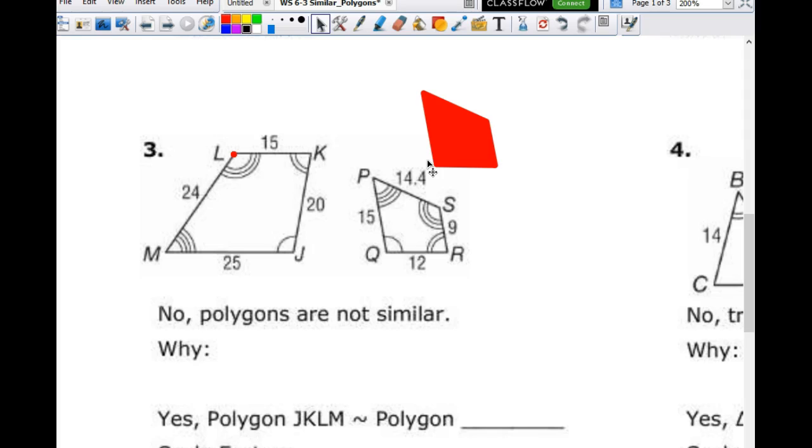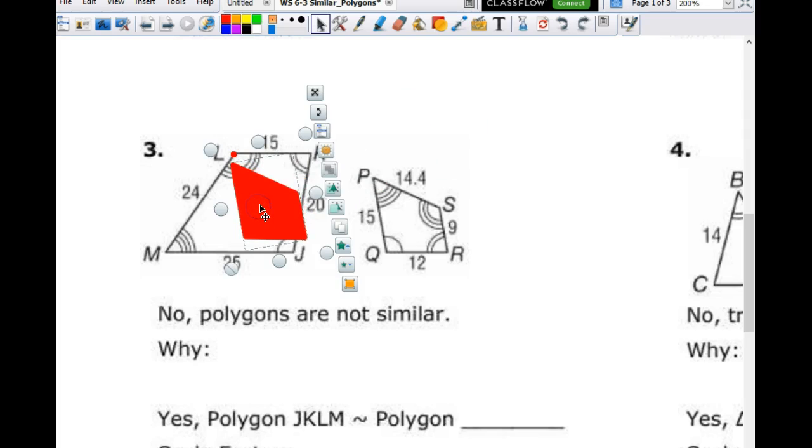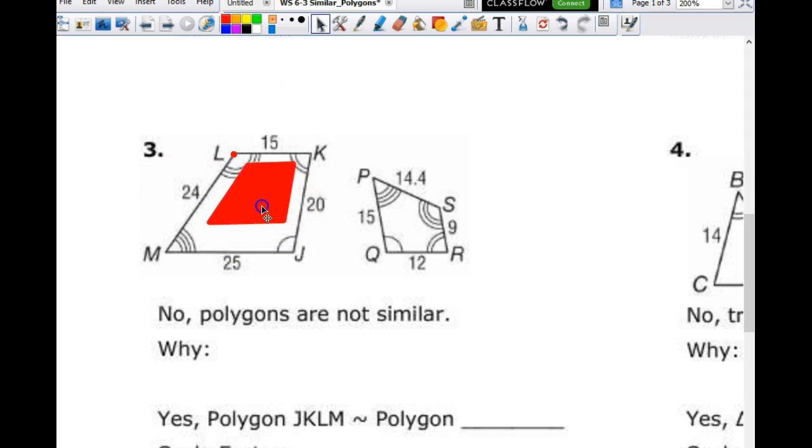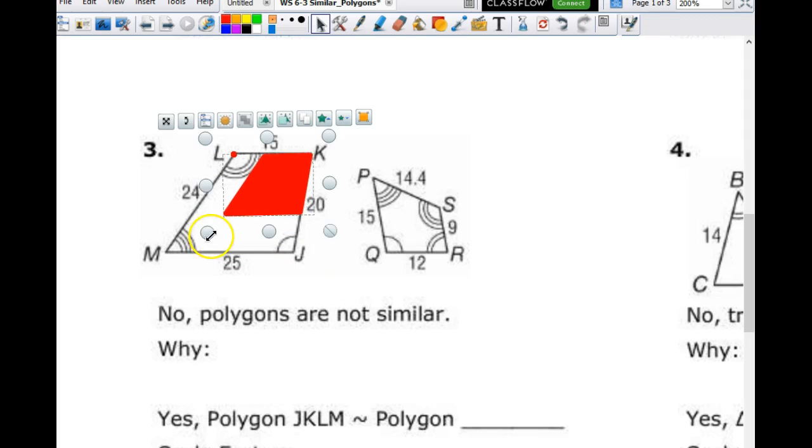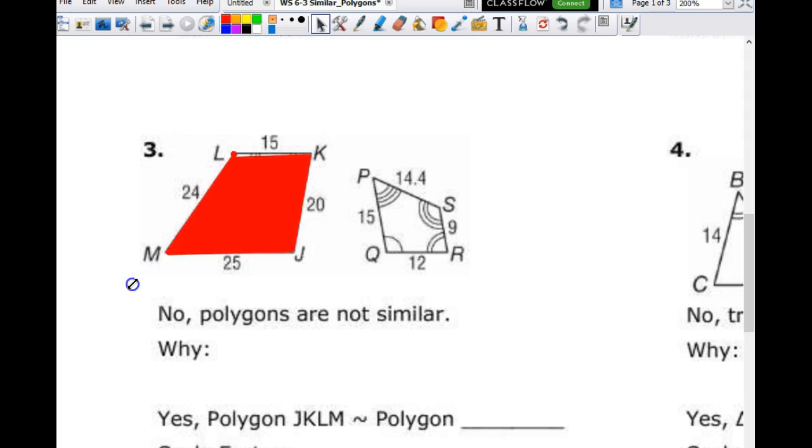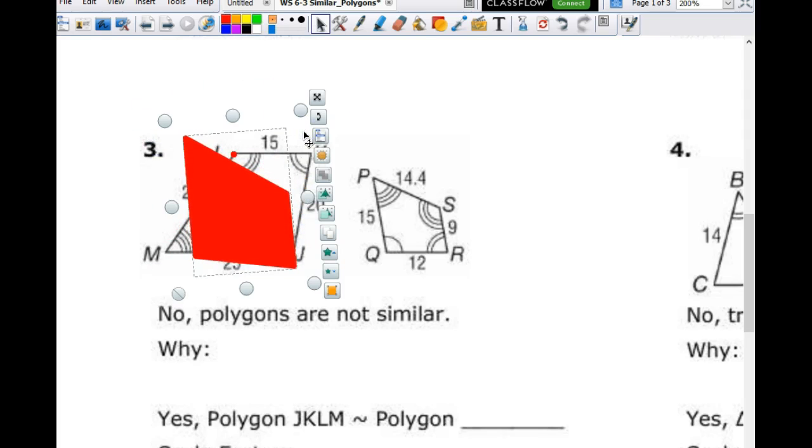So we're going to see if they're similar. Those two shapes are the same. This shape is just rotated 90 degrees this way, right?